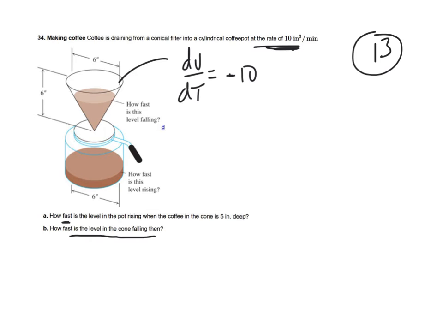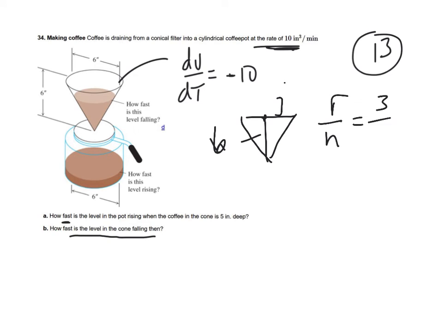Okay, so one thing we've got to deal with is this cone. I know the side view, or the cross section, is a triangle. We know the radius is 3, and I'm not going to worry about the diameter. I need the radius for the formula. And this is h. This is 6 when it's full, right? So I know that the radius to the height is always going to be in the ratio 3 to 6, or 1/2.